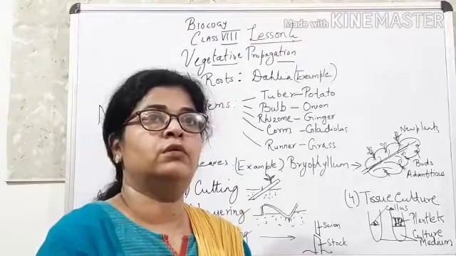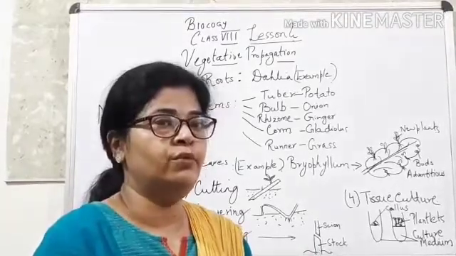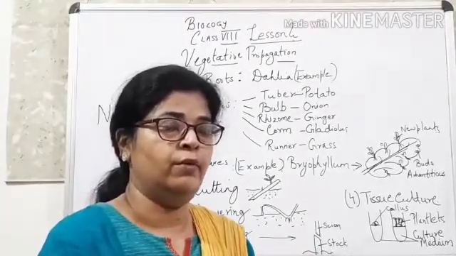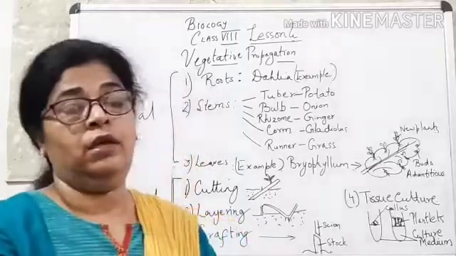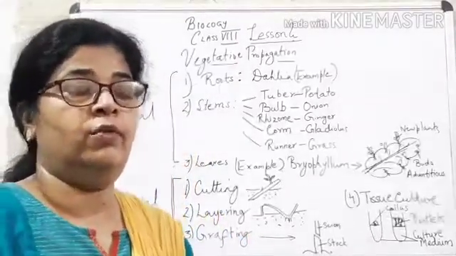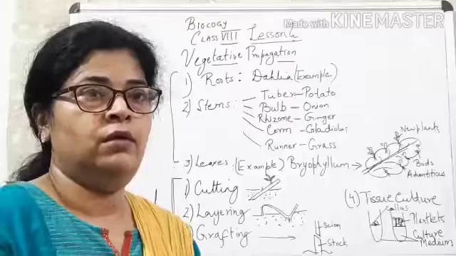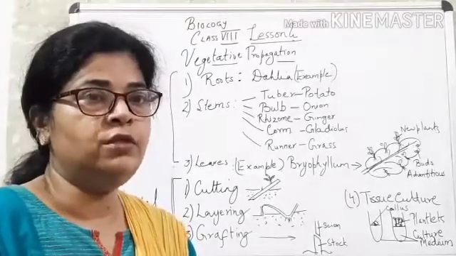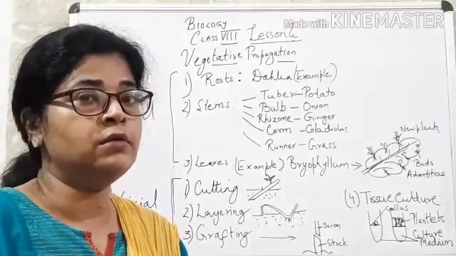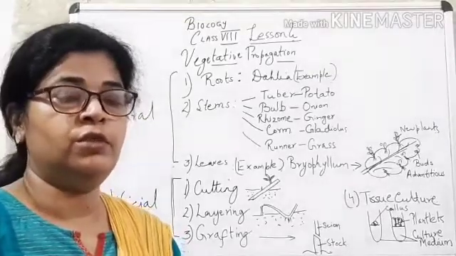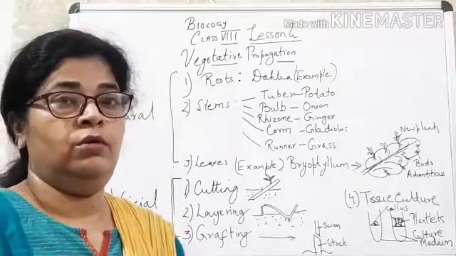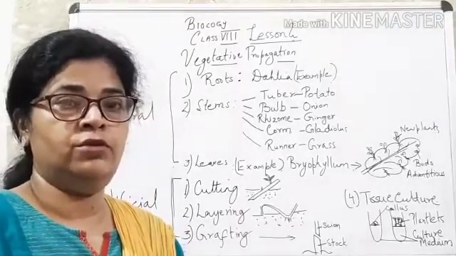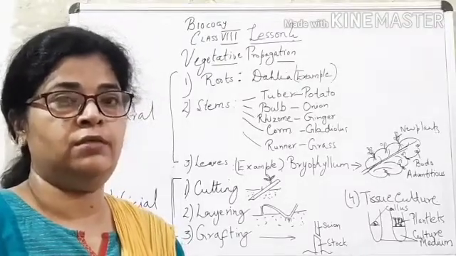So those orchard growers who want to improve their qualities of mango or lemon, like they want to have a plant in a mango which is disease free and another plant has fruits which are very good in quality, nutritious, sweet, big in size.